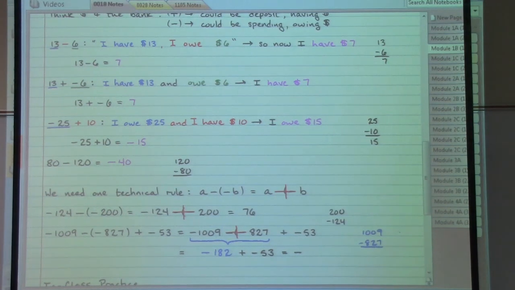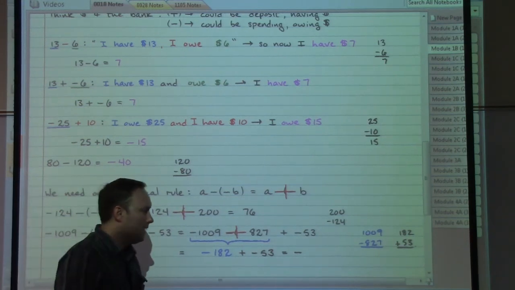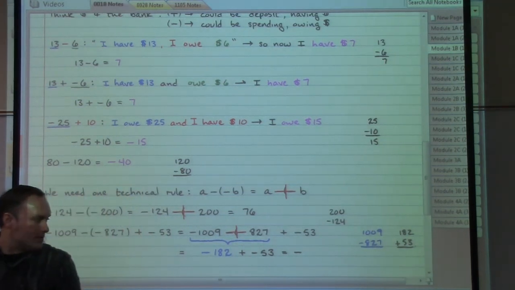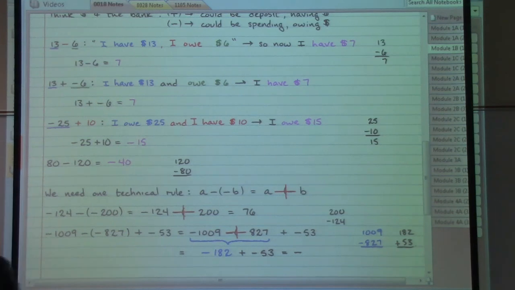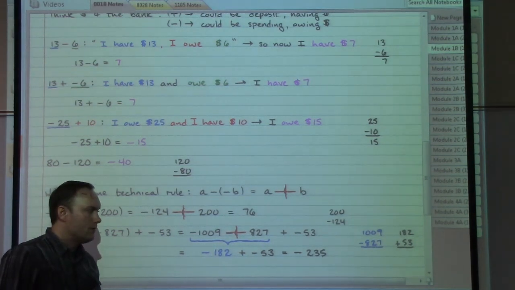Off to the side, I take that 182. I'm going to add to that my new debt, my new $53 debt. And when I add those together, we're going to have $235. So overall, our answer here, negative $235.